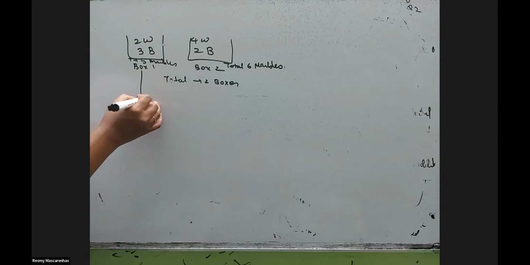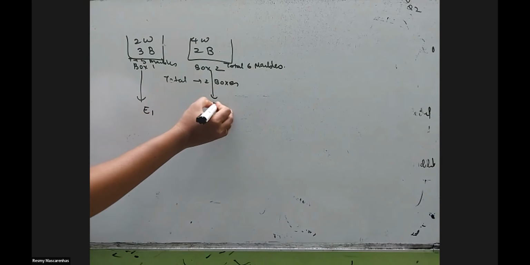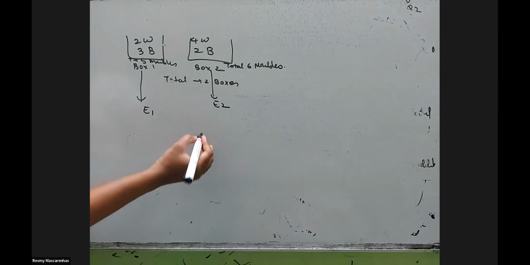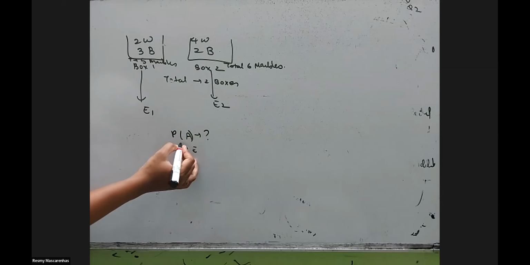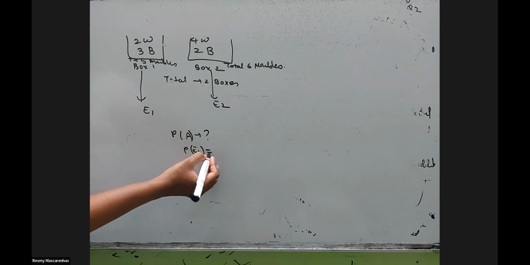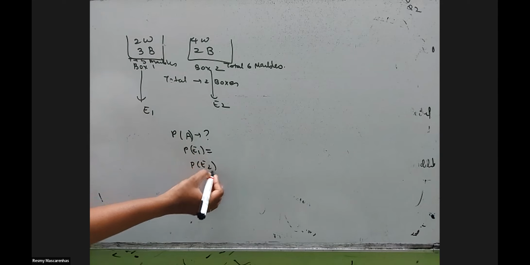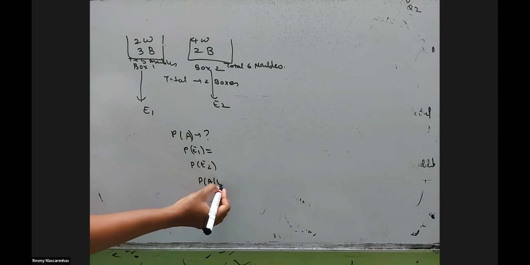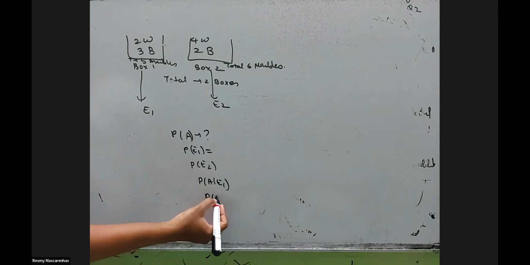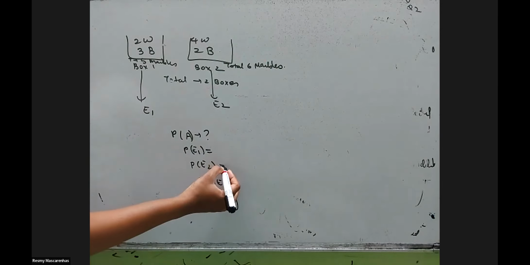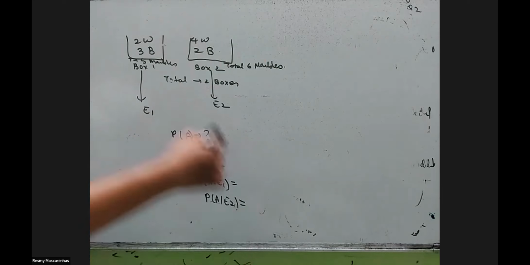So 2 boxes means E1 and E2. What all do we have to find now? Probability of A we'll have to find. What is the probability of E1? Probability of E2, then probability of A upon E1. If there were 3 boxes, then E3 would come up. This is the sequence which we have to find.